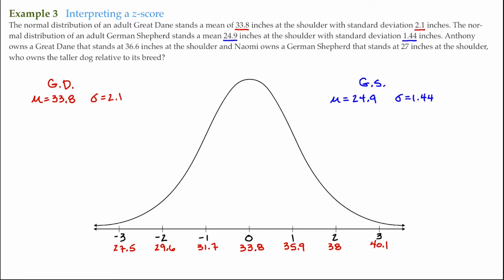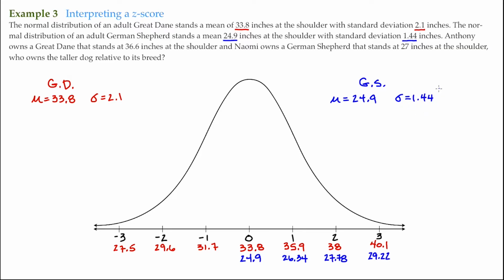And then I'm also going to put in the German Shepherd's parameters here. So this is 24.9. And then, of course, I'm going to count up the 1.44 and then count down, depending upon which way I'm going up my number line. Here's 26.34, 27.78, 29.22, and then of course we count down.